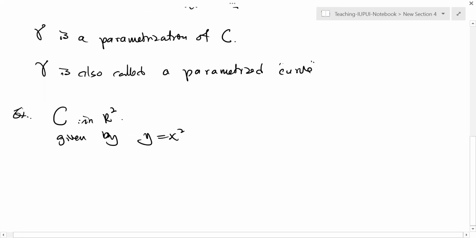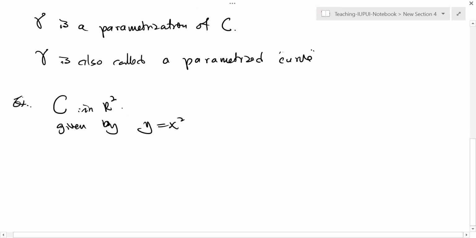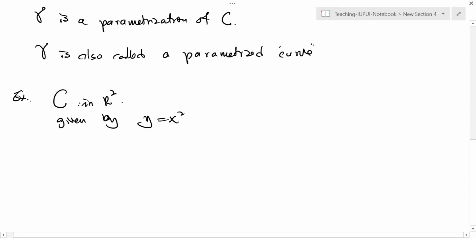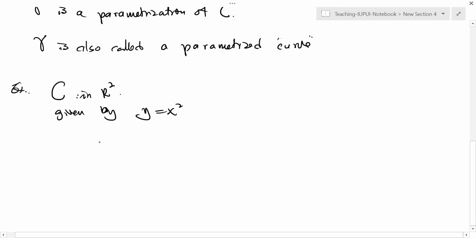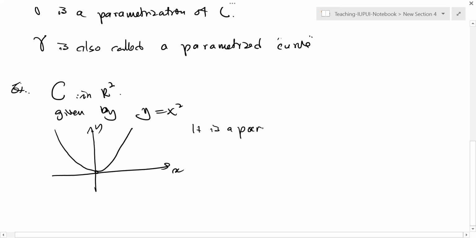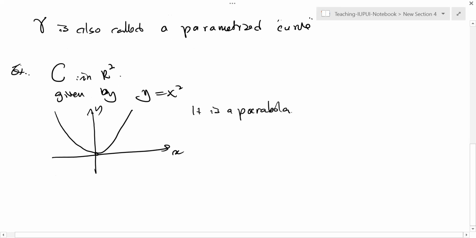The graph of y equals x squared is a parabola, and it's a curve. A parabola is a special curve. It's a curve in R2.